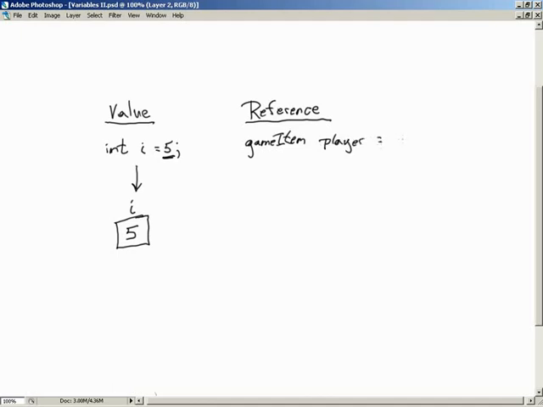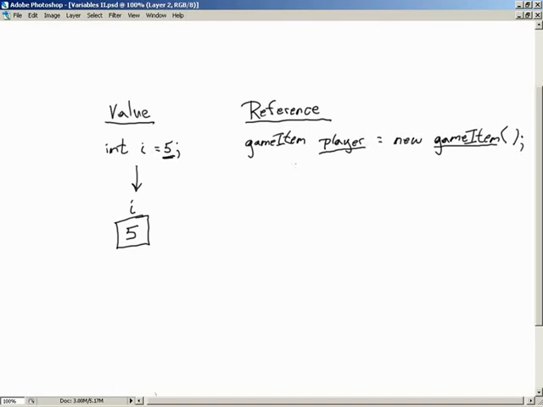And how do we do it? Remember, we said equals new game item. Now, in Volume 1, we talked about this quite a bit, so this should be very familiar to you. So there you go. Now, by doing this, we are actually creating a new game item object, and a reference to it is being stored in player.